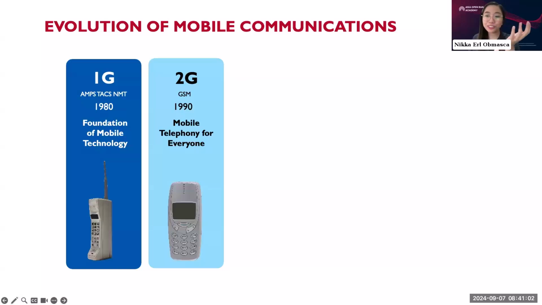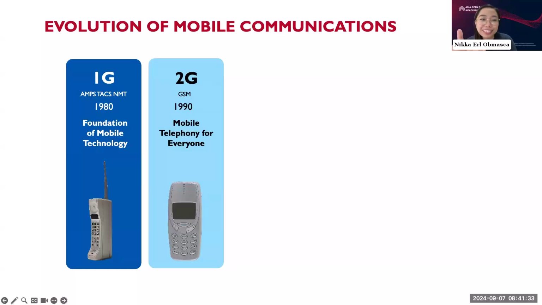So ito yung mga 3210 kung saan naglalaro pa tayo ng Space Impact, Snake, if maaalala nyo. Ayan. So itong 2G na to was introduced, is using digital signaling, allowing for more efficient use of the radio spectrum than yung una nating generation. Ayan. So remember, yung 2G natin is using GSM, Global System for Mobile Communication.